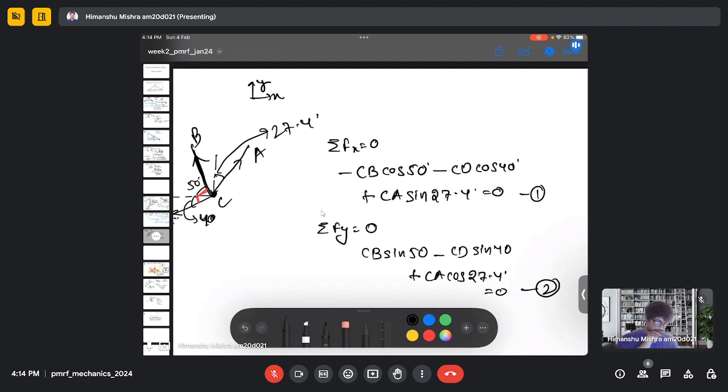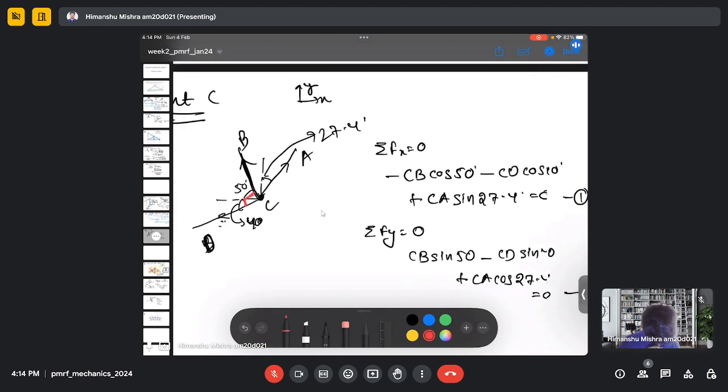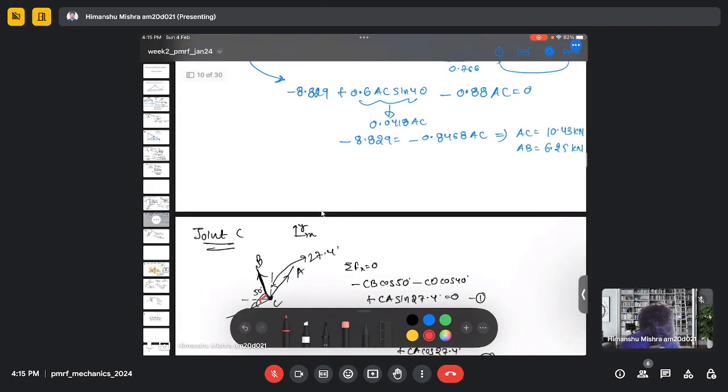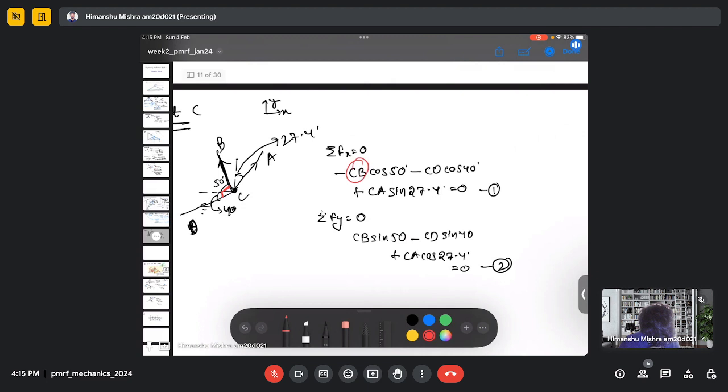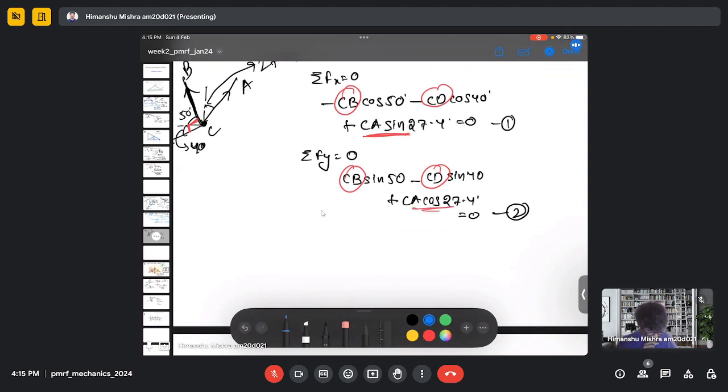So this is equation 2. The unknown forces here are this one and this one, CD. We already know force CA. So if you solve equation 1 and 2, you will get CD as minus 60.